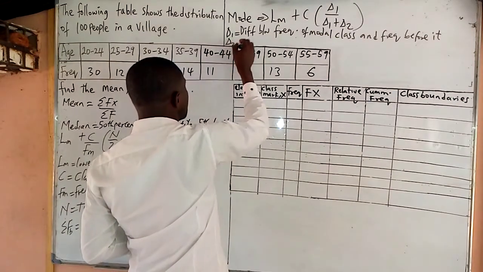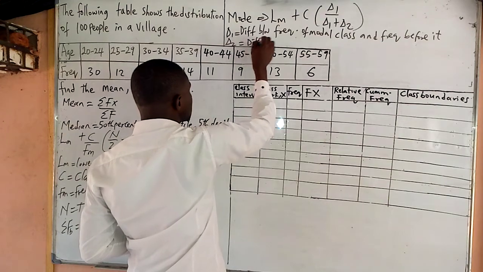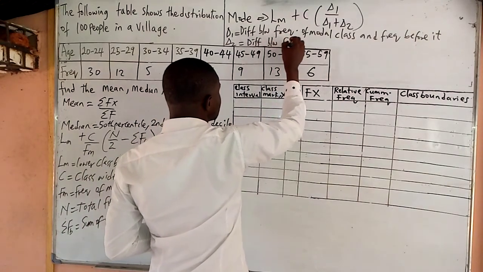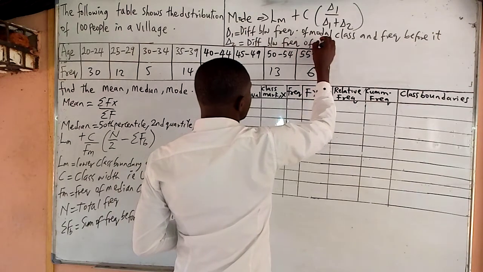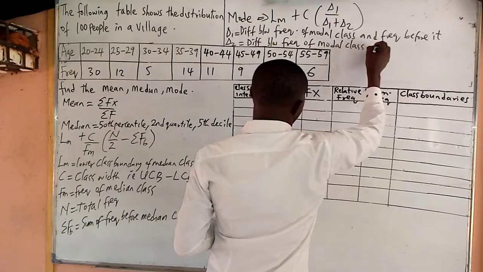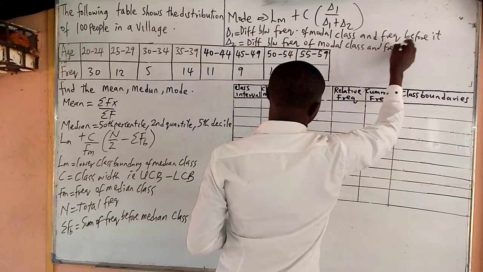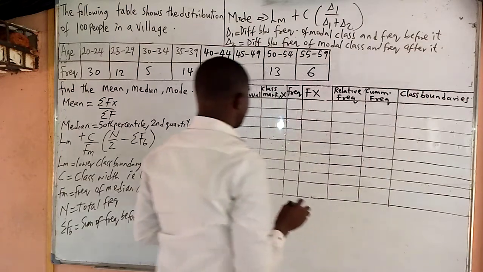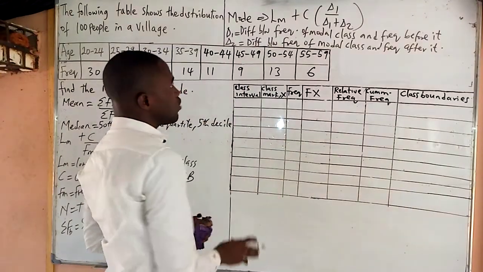Change in 2 means the difference between the frequency of the modal class and the frequency after it. Okay? Now we go to question.